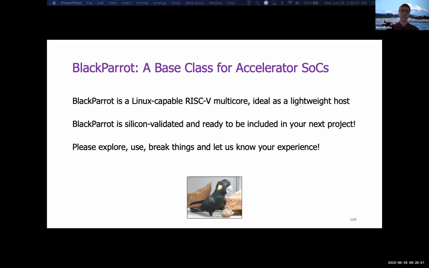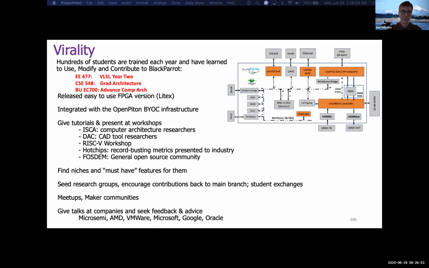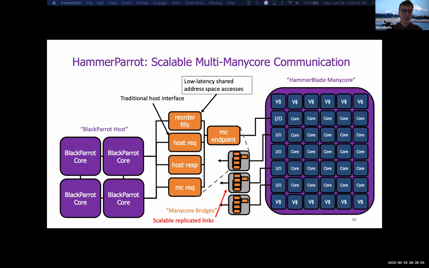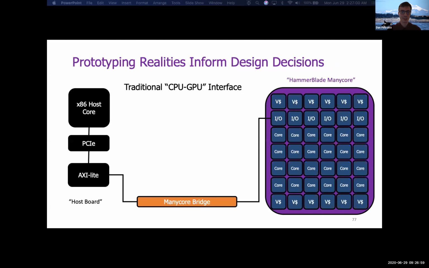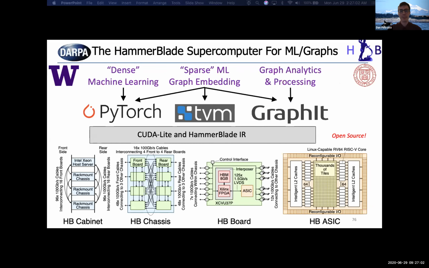That's a great question. The Hammerblade Multicore itself is a heterogeneous mesh, so it can support many different kinds of tiles.